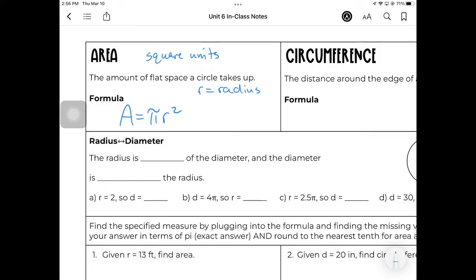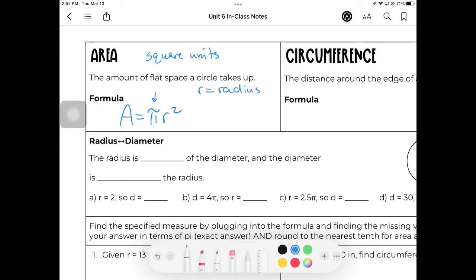So whatever the radius is, we square that, or take it times itself, and multiply by pi. Remember, pi is approximately 3.14, but we're not going to use the estimation of 3.14 in our calculations. We're going to find the pi button on the calculator, and I'm going to walk you through how to do that on my on-screen calculator. That's how we're going to find the area.